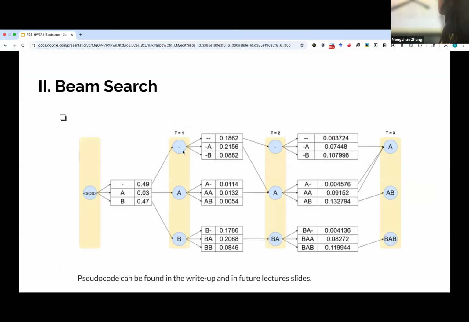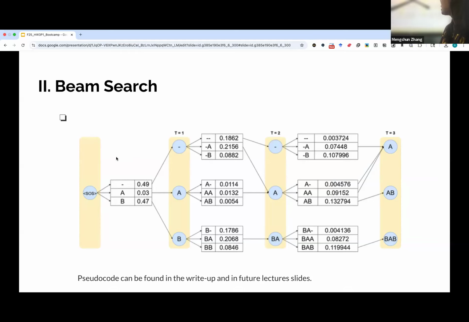For example, in this figure, the leftmost node is our start point. So our model is trying to predict the symbols as usual, like blank, A, B, and so on. And for each symbol, it has its own probability. But different from the greedy search, here we do not only keep the top probability symbol.